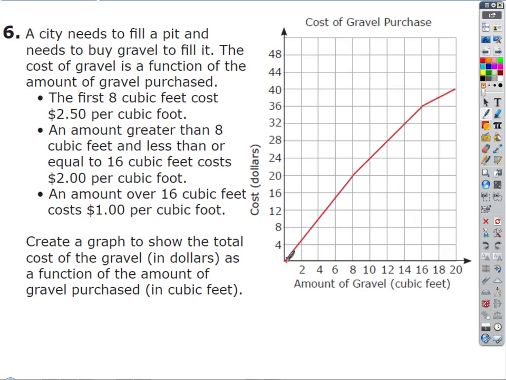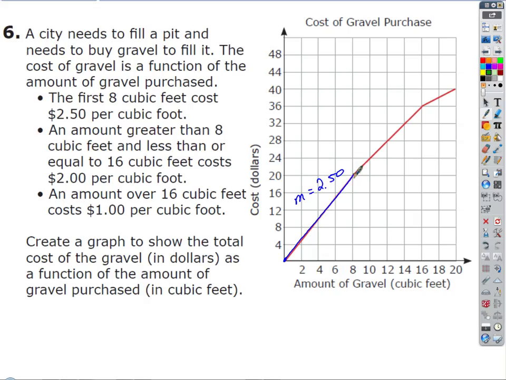We start at the origin, and we're just going to go up to right there, where the slope is 2.5, right? Then it says, an amount of gravel greater than 8 cubic feet and less than 16 cubic feet, it gets a little cheaper if you buy more. Then it's only $2, right? So what's going to happen there?